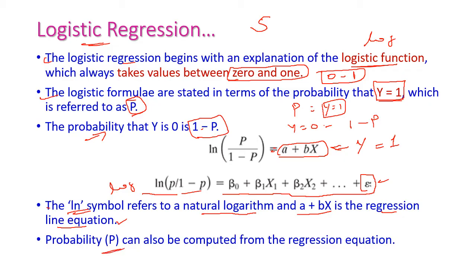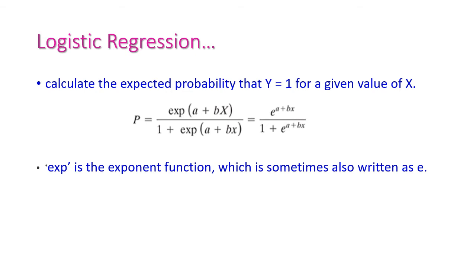And this probability p can also be computed from the regression equation. Our aim is to predict the probability that y equals 1 for the given x value. So this is our goal.